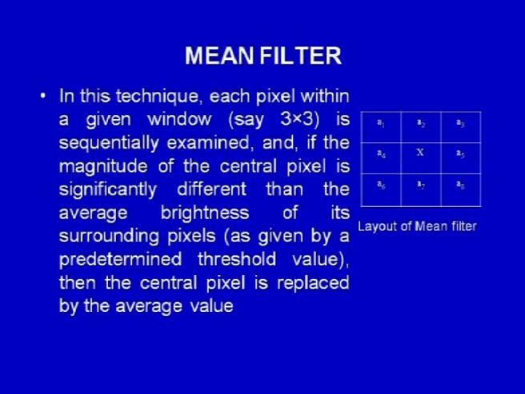The graphic beside shows the layout of a mean filter, where x represents the central pixel which is under examination, and A1, A2, A3, A4, A5, A6, A7, A8 are known as the neighborhood pixels. We will be examining these 8 neighborhood pixels and comparing their average value with respect to the central pixel value, which is x.